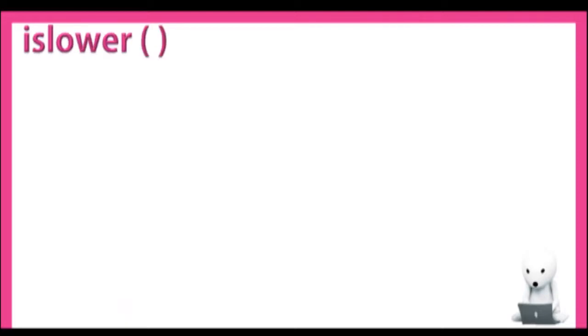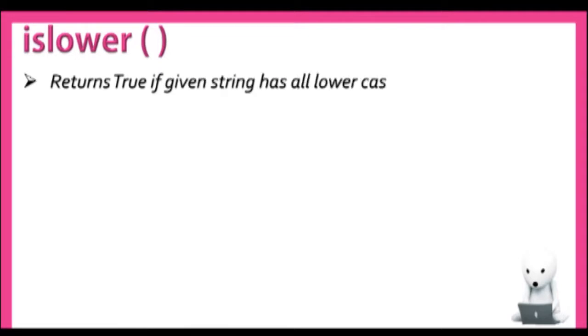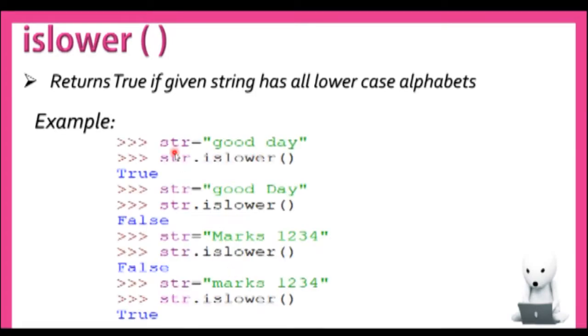Next is isLower. The isLower function is used to check if the given string has all characters in lowercase. If all the alphabets are in lowercase, it returns true, otherwise it returns false. For example, with the string "good day", because all the characters are in lowercase, isLower will return true. With "good Day", because D is in capital, isLower will return false.